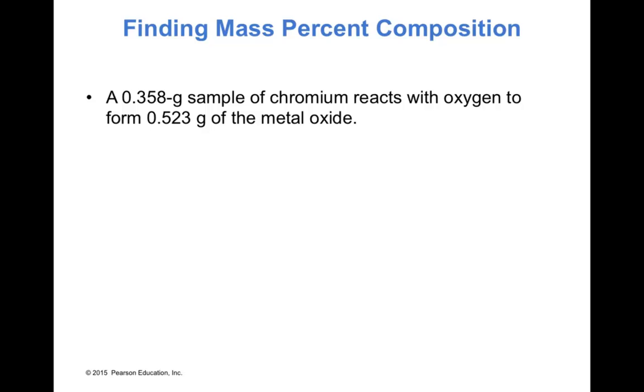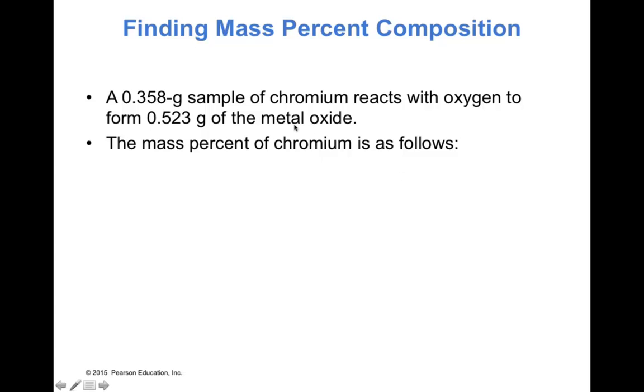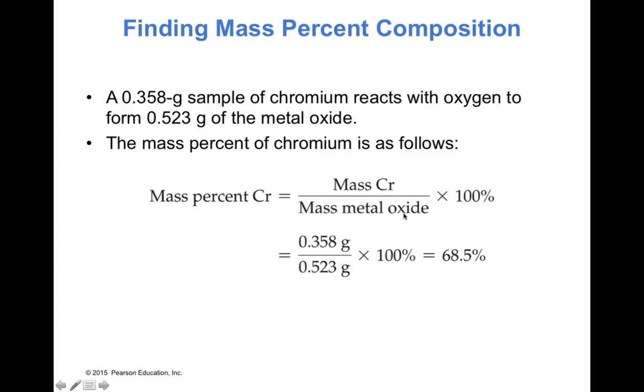So a 0.358 gram sample of chromium reacts with oxygen to form 0.523 grams of metal oxide. The mass percent of chromium, when all react together and produce this, will be basically the mass of chromium divided by the mass of the metal oxide.